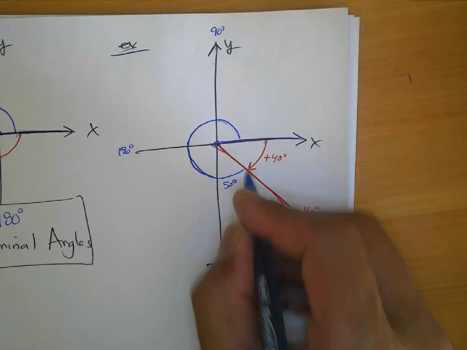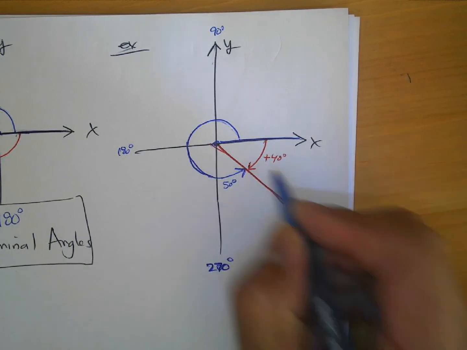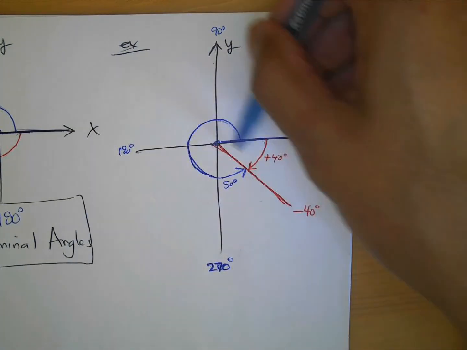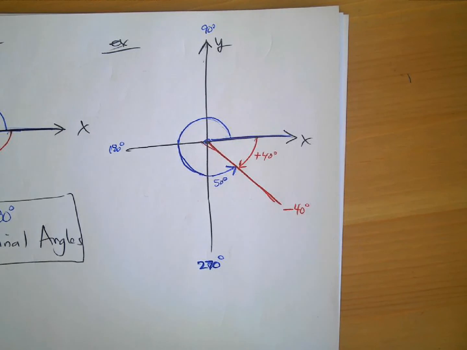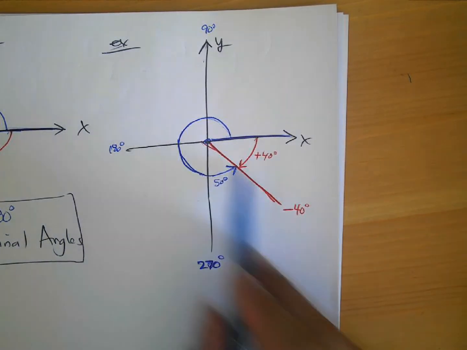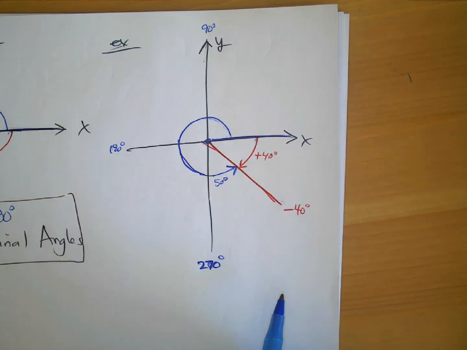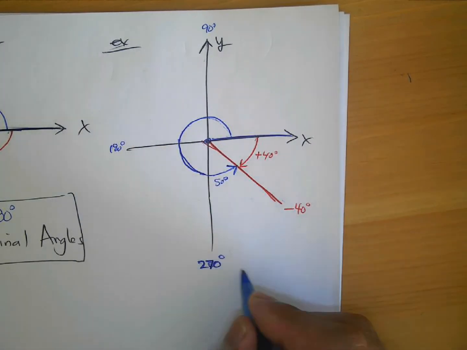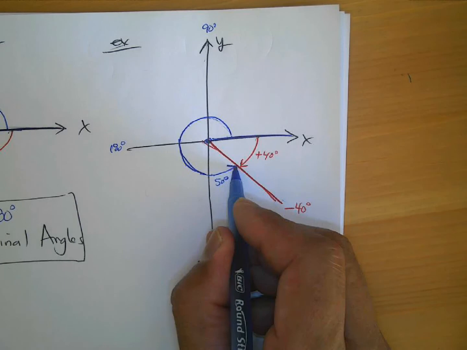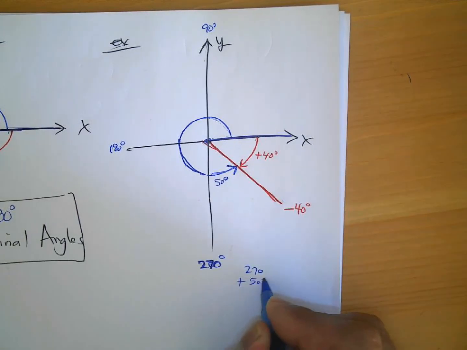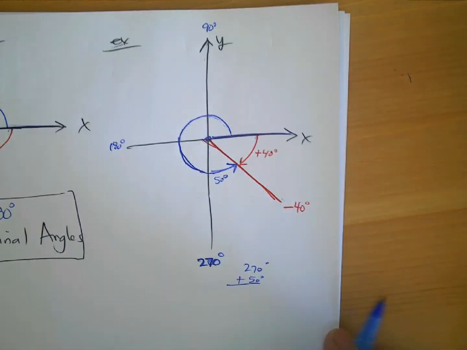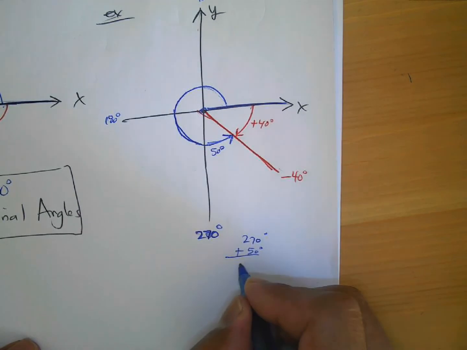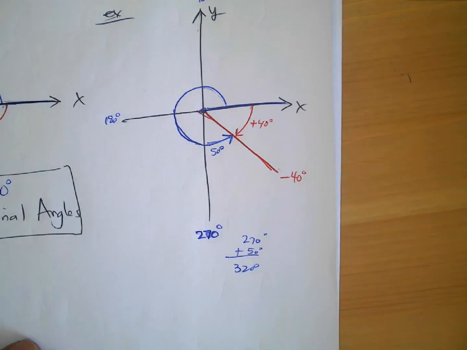But what would be the positive angle that would also share the exact same terminal location? Well, that would be 90, 180, 270, plus how much? 270 plus this 50 degrees more. 270 plus 50 is 320.